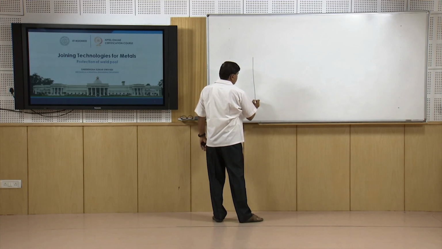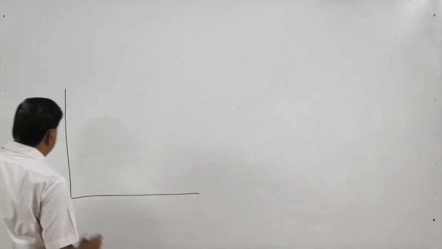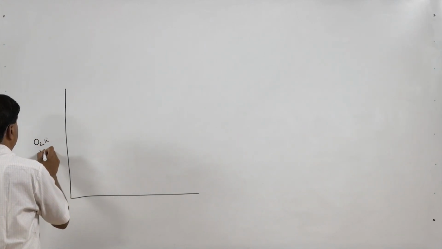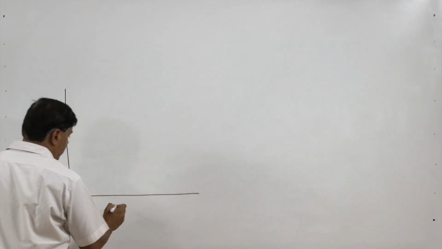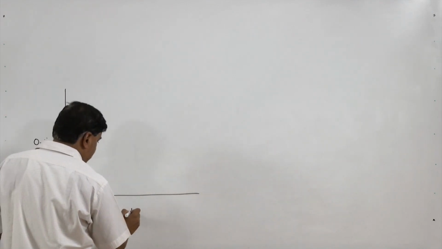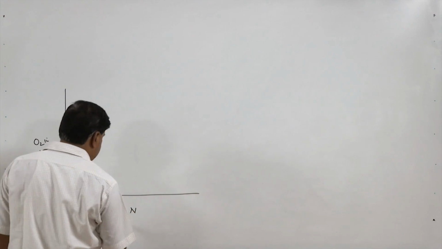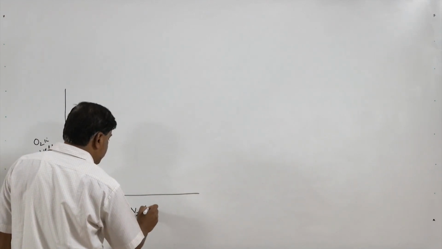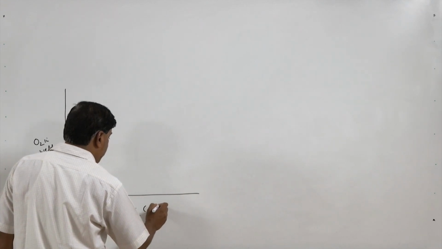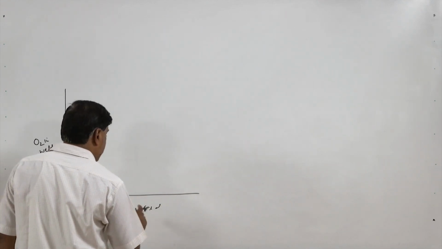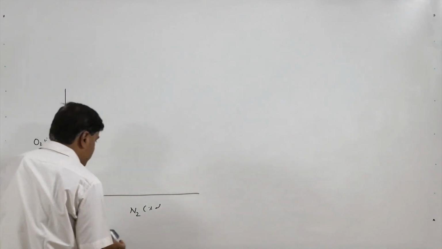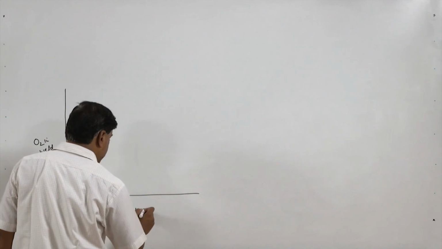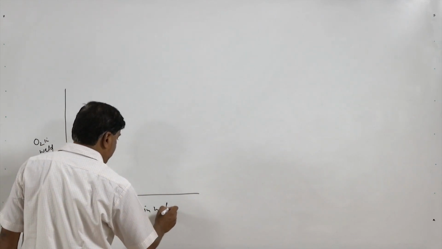So, in the x axis we will mention the percentage of nitrogen in weld, and in the y axis the percentage of oxygen in weld.